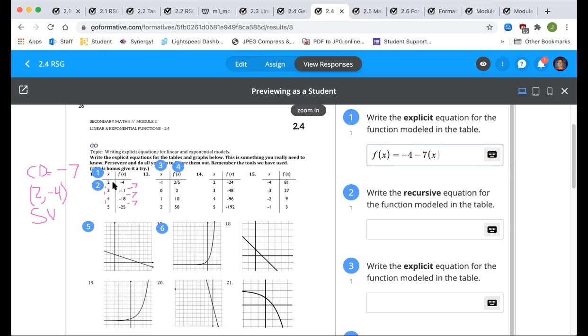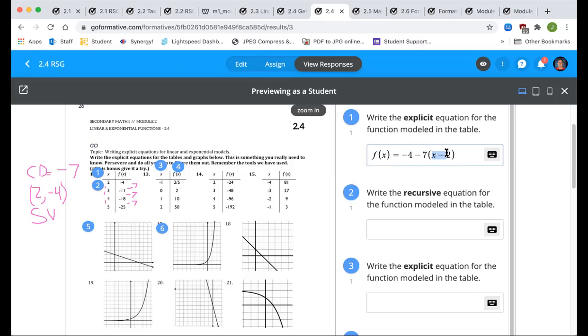We've talked a lot about when we start at 1, when the x is 1, our equation turns into x minus 1. So it would make sense if we start at 2, our x turns into x minus 2. Okay, so again, we're starting at -4, we're subtracting 7, x minus 2 times.